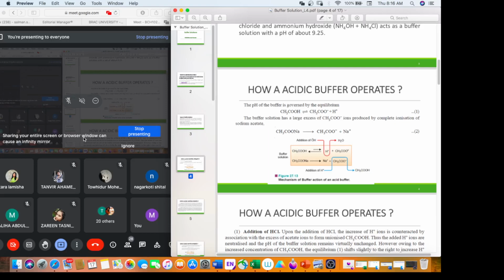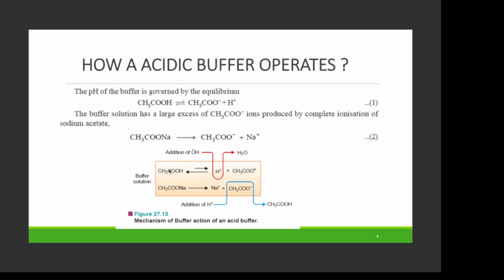As it is a weaker acid, it will not dissociate that much, so that's how it will maintain the pH fairly constant. Clear? So where will this H plus come from again? This H plus comes from external sources when you add acid into the buffer solution. Any confusion, anyone?